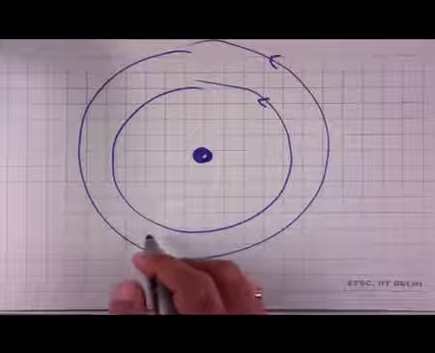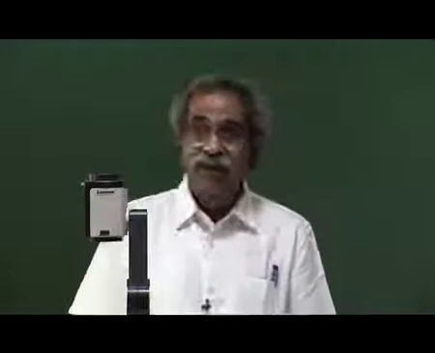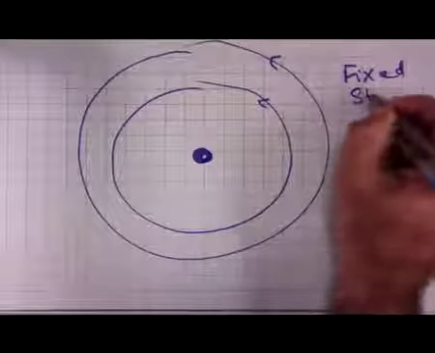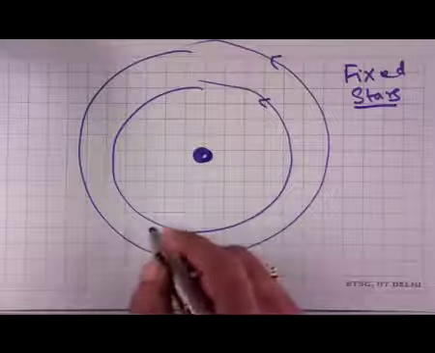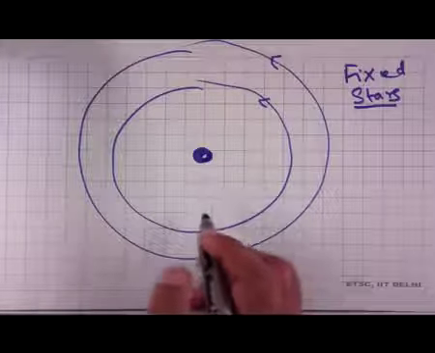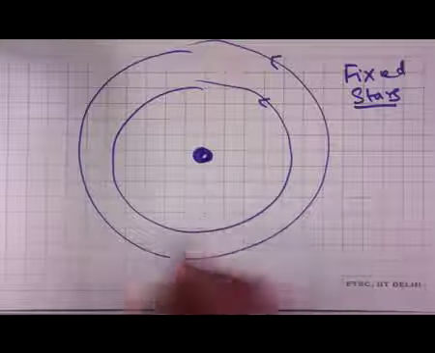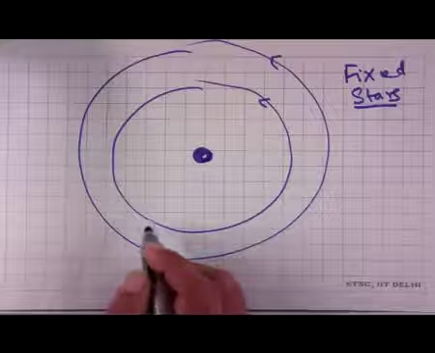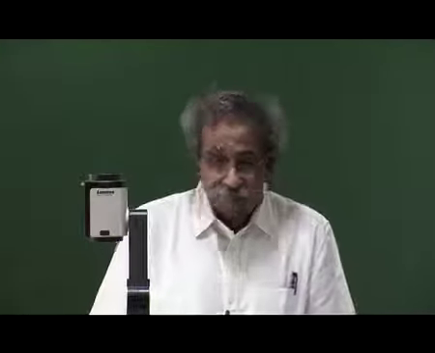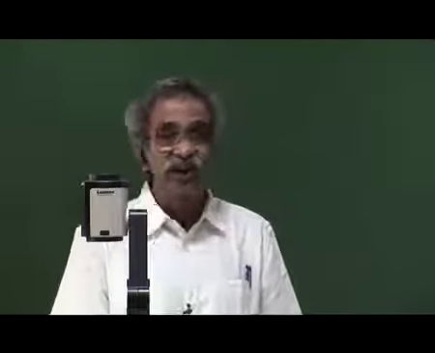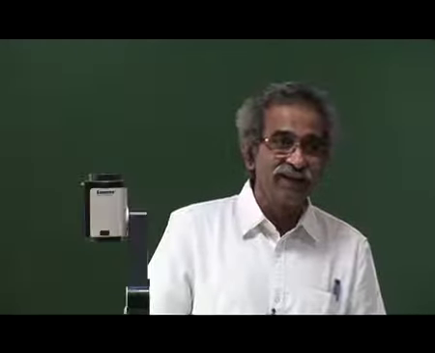Now, if you forget the planets, asteroids, meteorites and even the sun, but you look at the distant fixed stars, then you will see that they all rise at the same time and set at the same time, irrespective of where they are. So, if you make a statement that their state of motion should be because of the force, we would have to say that they are all acted upon by forces such that they all move with a constant angular velocity, which is some kind of a conspiracy of nature.